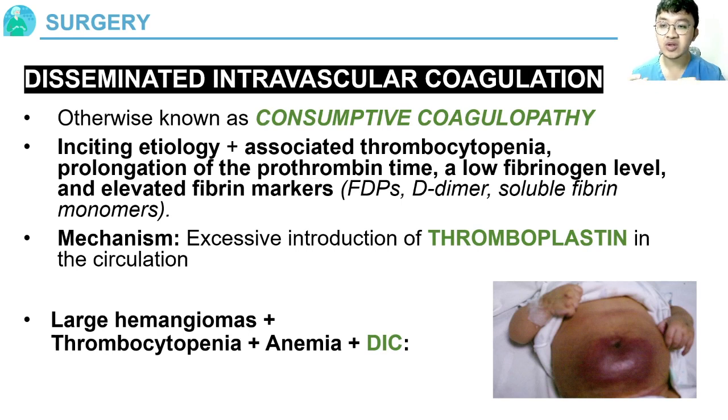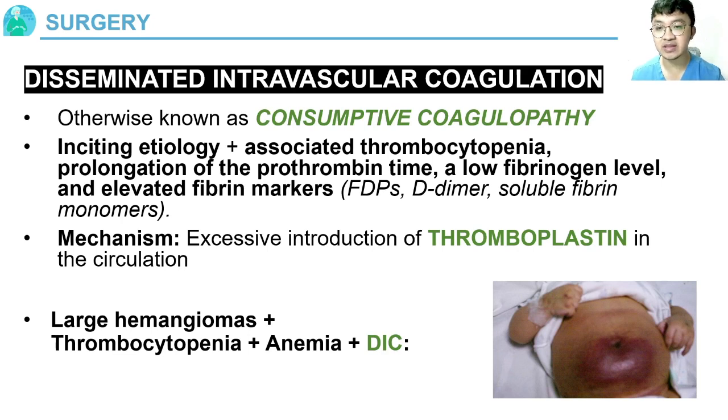Okay. So your DIC at the onset is actually a clotting problem. So your body clots too much systemically. However, as the disease progresses, even though if you think coagulation is just clotting, your DIC actually predisposes to bleeding later on. Because you just know its other name, it's consumptive coagulopathy.